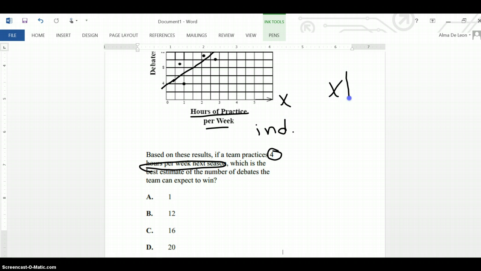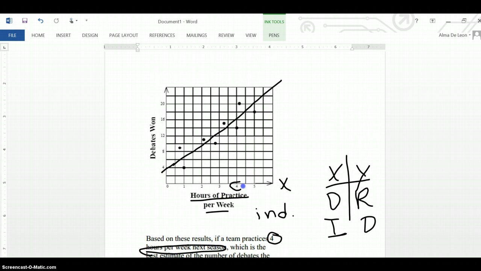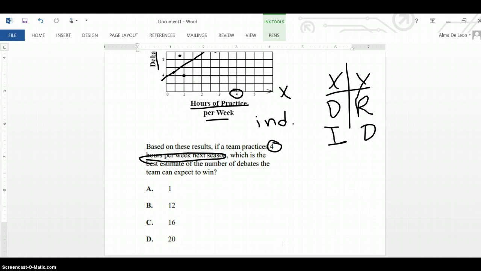Because remember, X and Y went to the doctor, but they couldn't be seen because they didn't have an ID. So if they practice 4 hours per week, which is right here, how many debates would they be expected to win? Well, I go up. My line of best fit says that they would be expected to win 16 debates. So my answer is C, 16 debates.